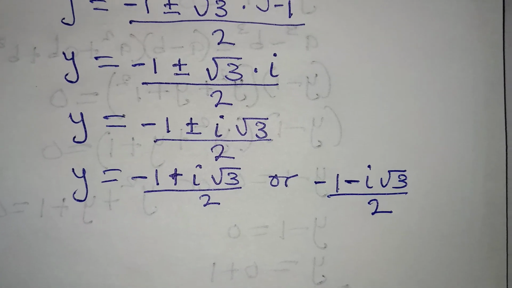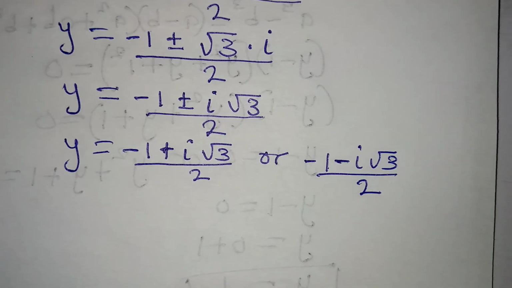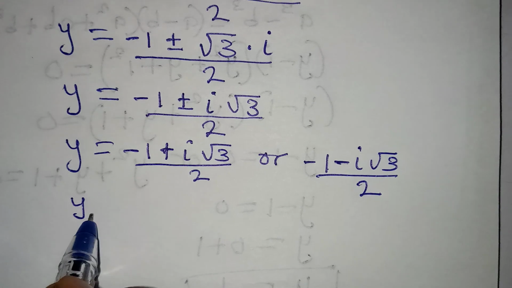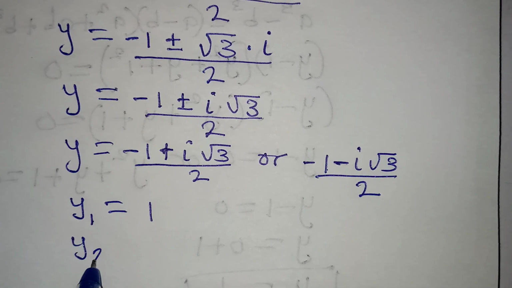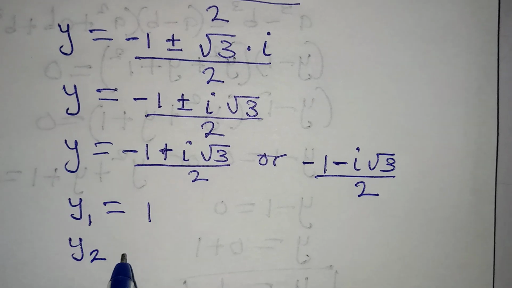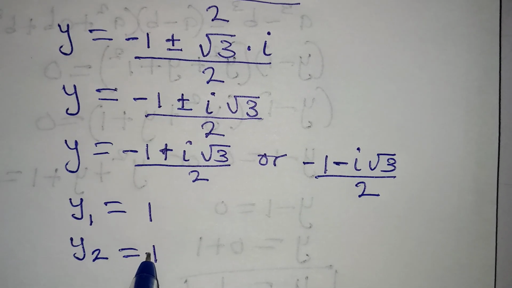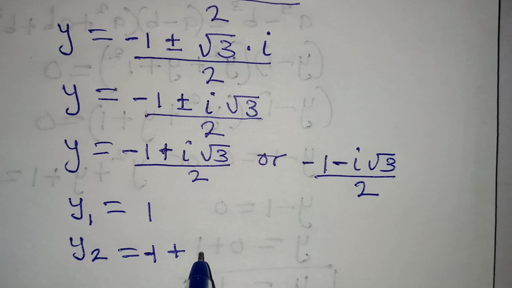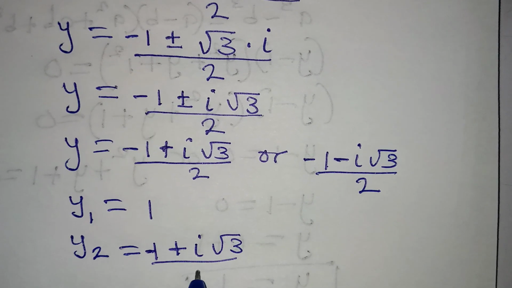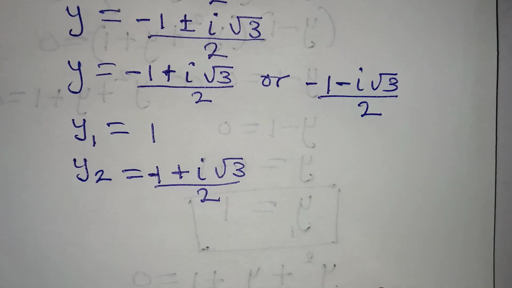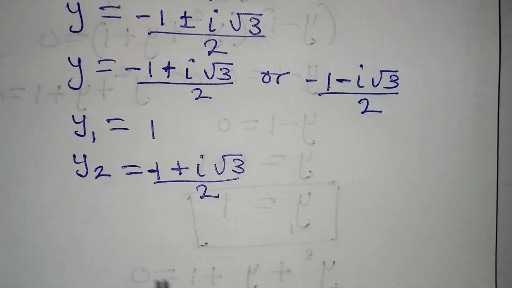Now we can bring the 3 solutions together so that we have our y1, which is equal to 1. Our y2 will be from here, and that will be minus 1 plus i root 3, over 2. This is our y2.